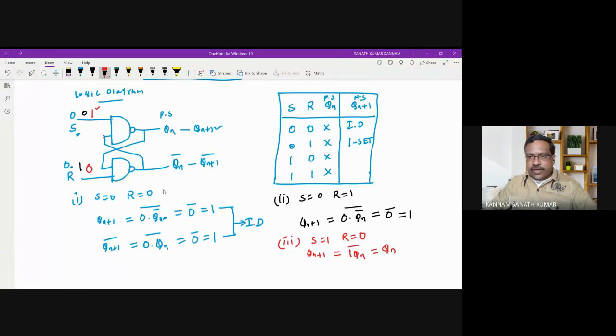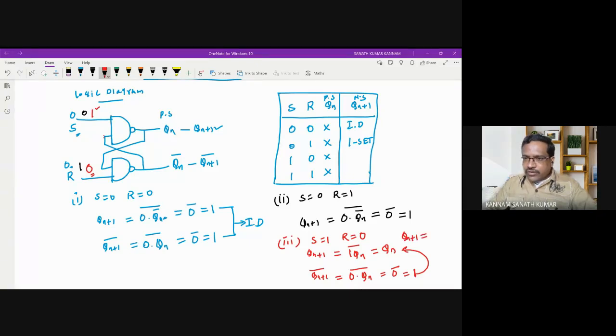You are getting Qn. Now I will find out Qn plus 1 bar. What is one input? This is 0, into another input is Qn whole bar. So this is nothing but 0 bar, that means equal to 1. So I got Qn plus 1 as 1. By taking the reference of this, I can find out Qn plus 1 bar, complement of that one.